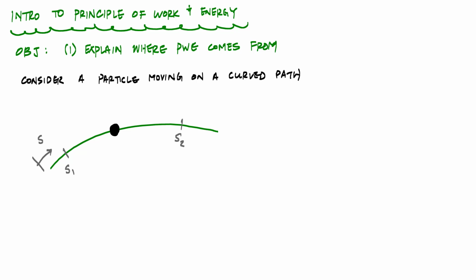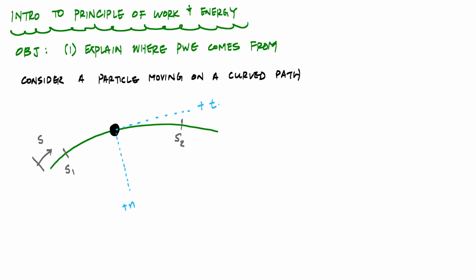When we analyze this using F equals ma, or the equations of motion, our positive normal direction would be towards the center of curvature, like this, plus n. And then there's a tangential direction, plus t, if we're analyzing this using normal and tangential components.